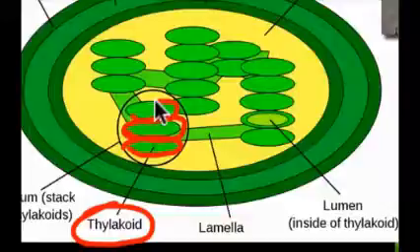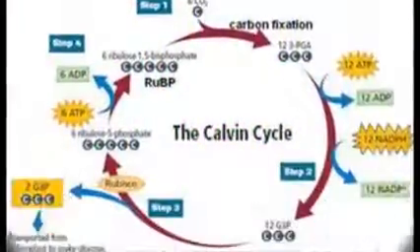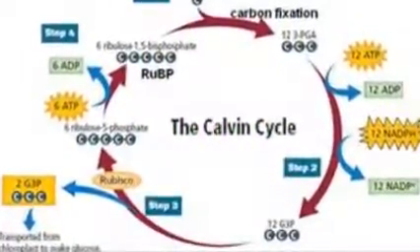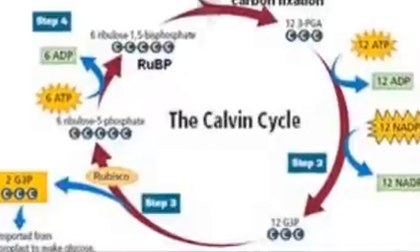The light reaction takes place in the thylakoid membrane, while the Calvin cycle, on the other hand, takes place in the stroma. The Calvin cycle is named after a scientist named Melvin Calvin. He was an American chemist who received the Nobel Prize in 1961 for his discoveries.